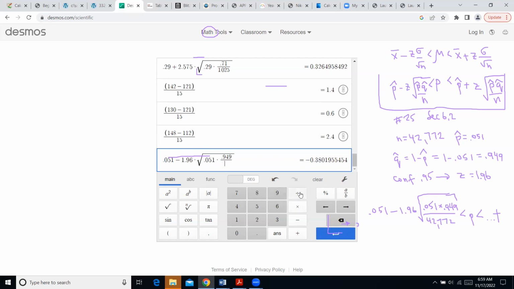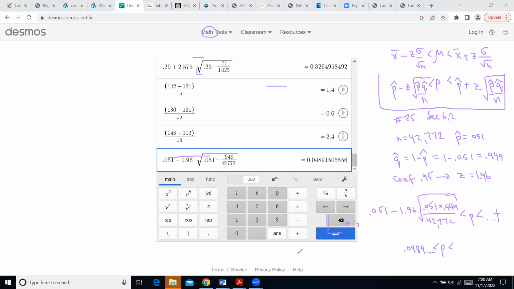And this is also divided by 42,772. It looks like these sections get more and more involved with calculations. Please notice that all of these numbers are estimates for the proportion, so they should be between 0 and 1. So there are some decimals, like mine here is 0.049489... So I got one side.